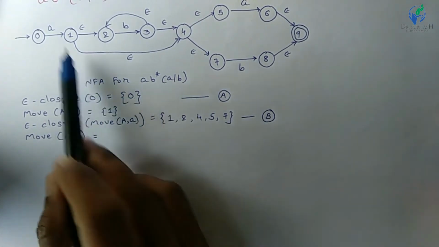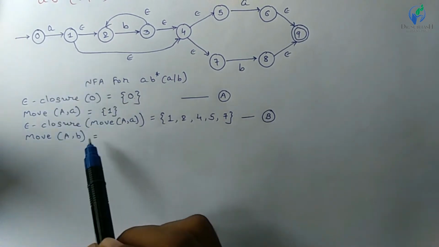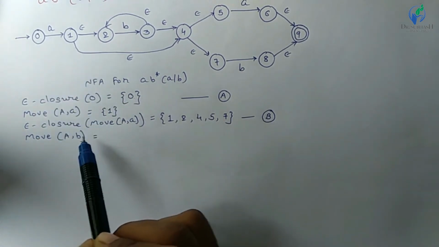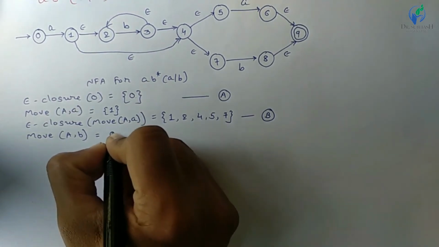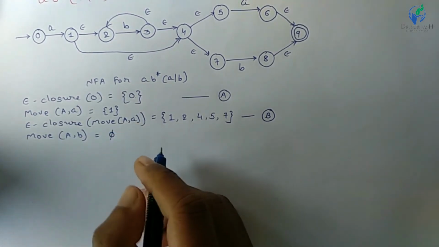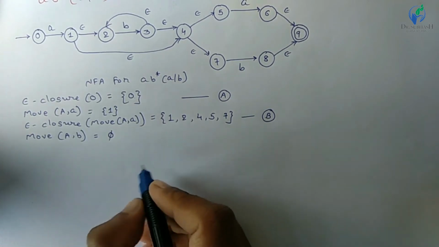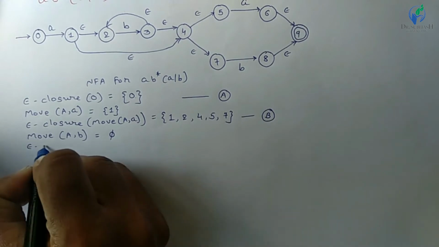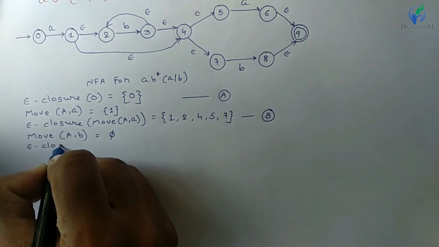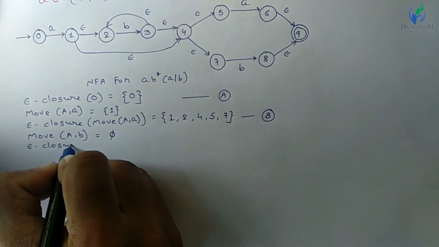If any string starts with b, then it goes to the dead state, which is the empty state. So epsilon closure of move(A, b) is empty.